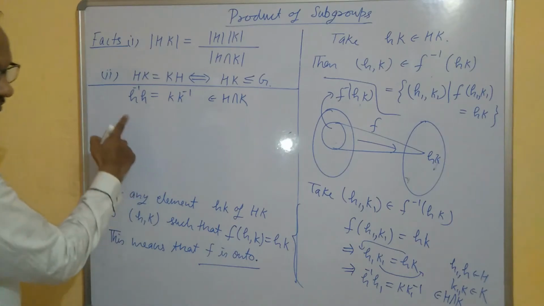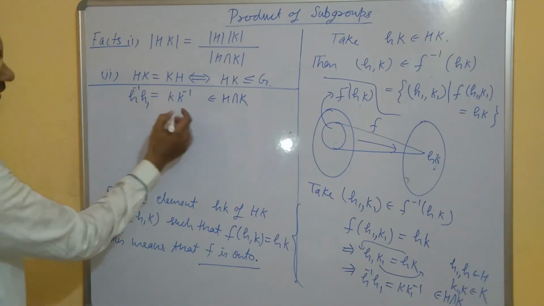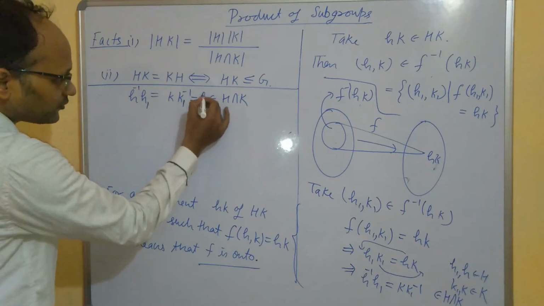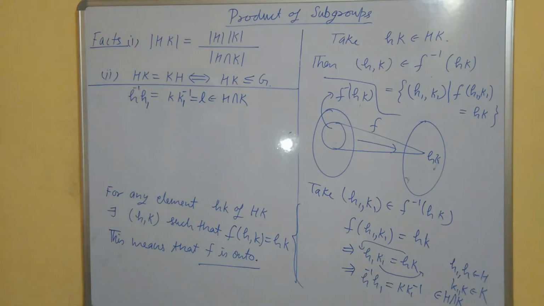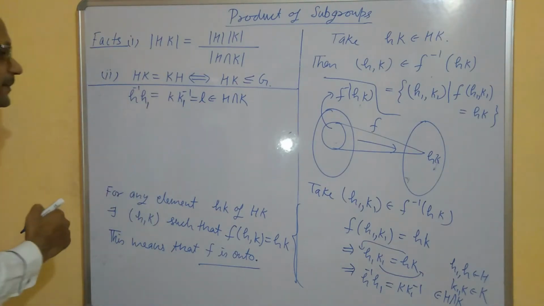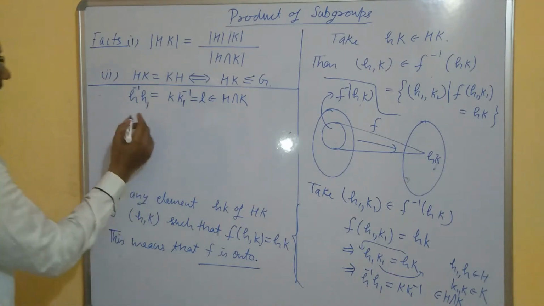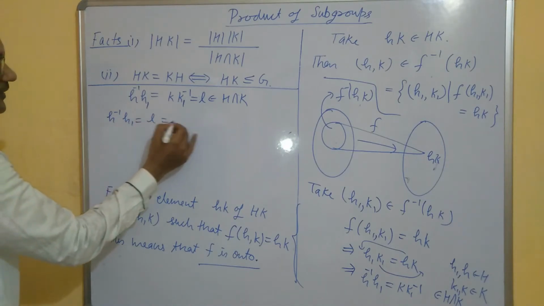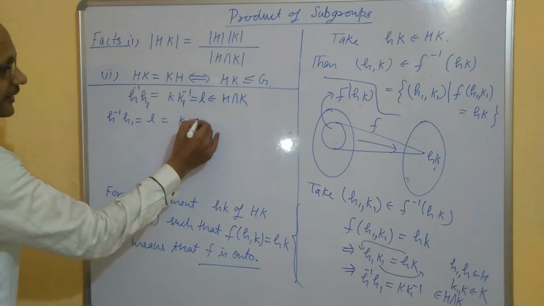Okay, so here there is one and here there is one. So let me call it equal to some element L of H intersection K. Now from here h inverse h1 is equal to L is equal to k1 inverse.